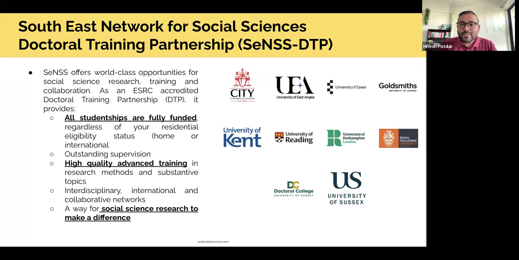The best part about SENS is all studentships are fully funded. You don't really have to worry about the reminder between the international phase and the home phase. And as it is mentioned on their website, outstanding supervision, which I do not vouch for, but yeah, you might get it.